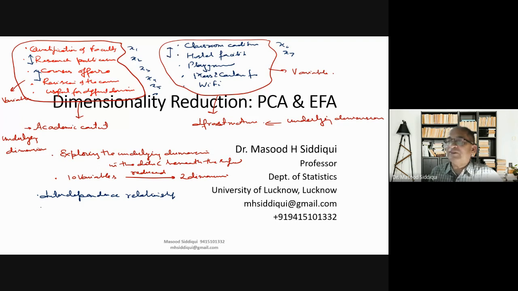There is no y variable. So if we talk about the machine learning part, this is known as unsupervised learning, because it does not have label data.